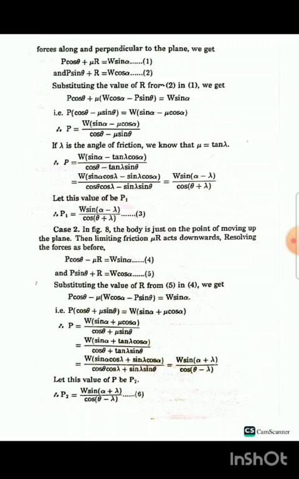So for case 2, P2 equals W sin(α + λ) divided by cos(θ − λ). This is equation number 6.